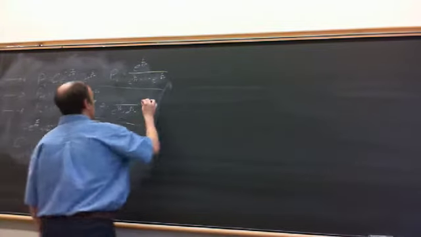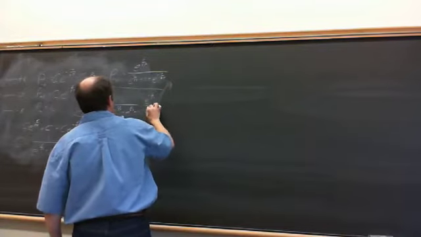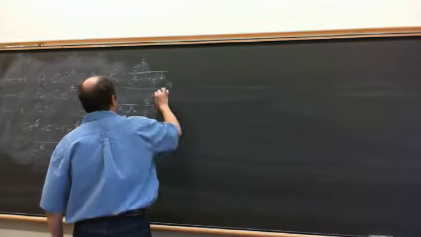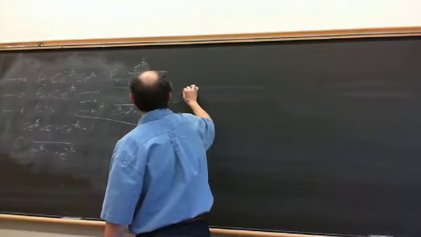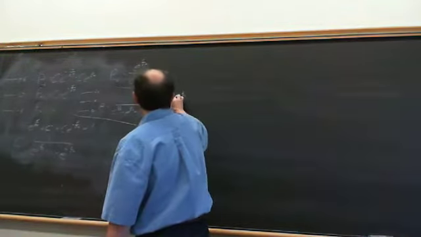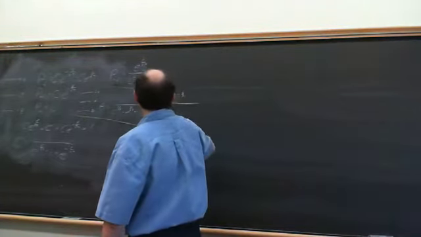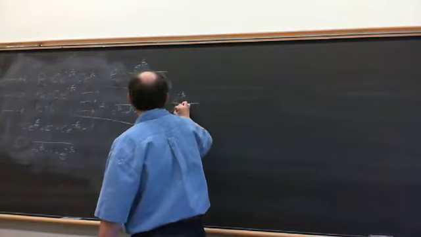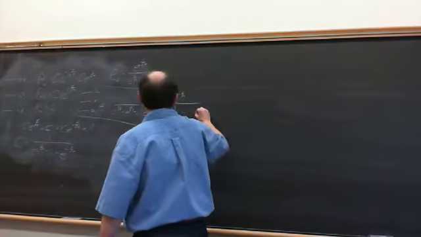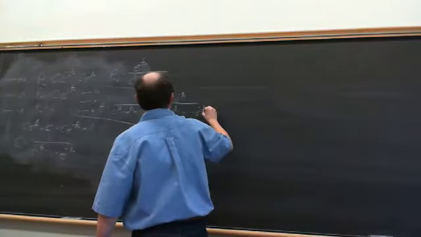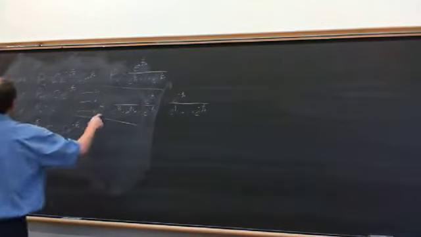And then you can multiply top and bottom by e to the minus epsilon over kT, just multiplying by 1. And now the result would be e to the minus epsilon over kT over e to the epsilon over kT, plus this times this is 1, plus e to the minus epsilon over kT. And this would be the result for the lowest energy level.